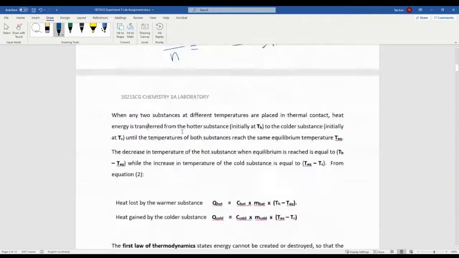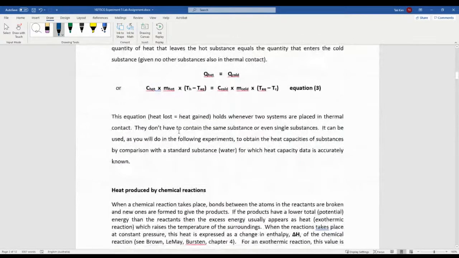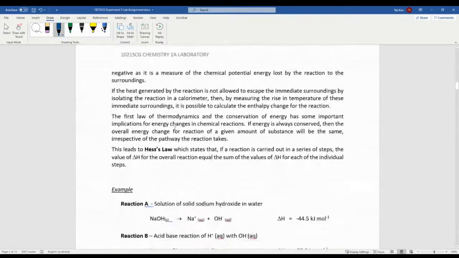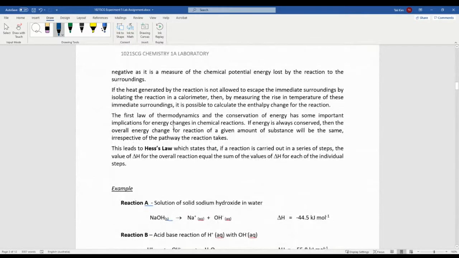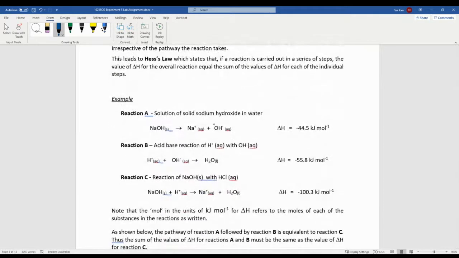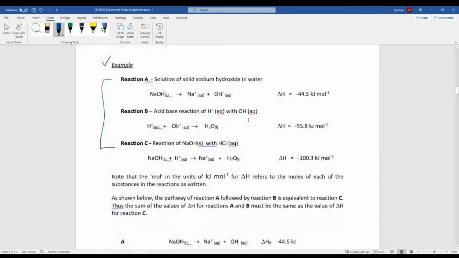Make sure that you read these carefully. Otherwise, you will get this completely wrong, because we are dealing with a large number in kilojoules rather than joules. And then we have an example over here, which is relevant to your lab task.